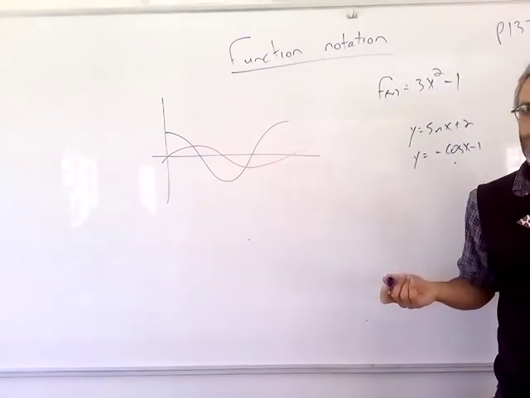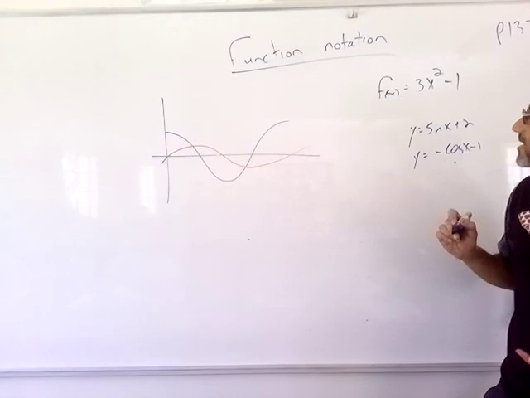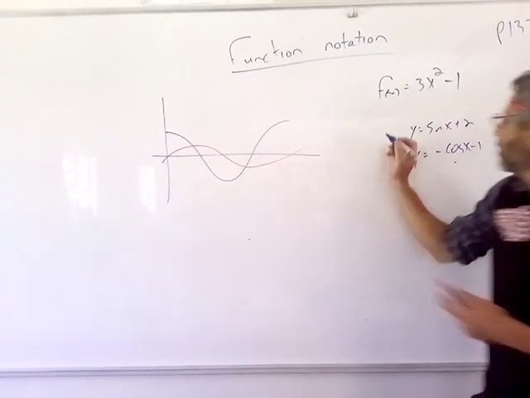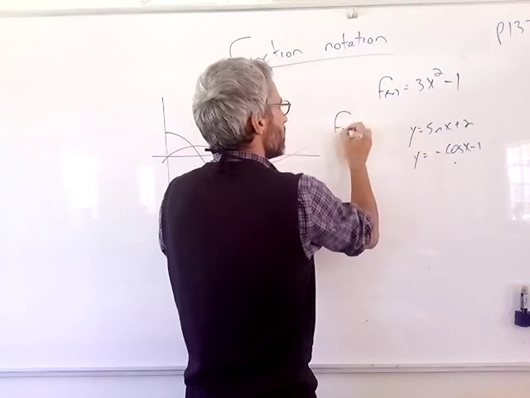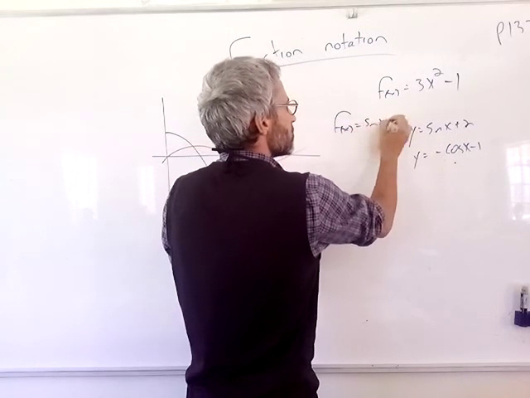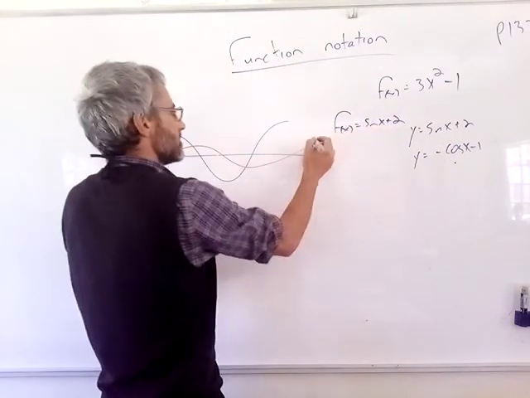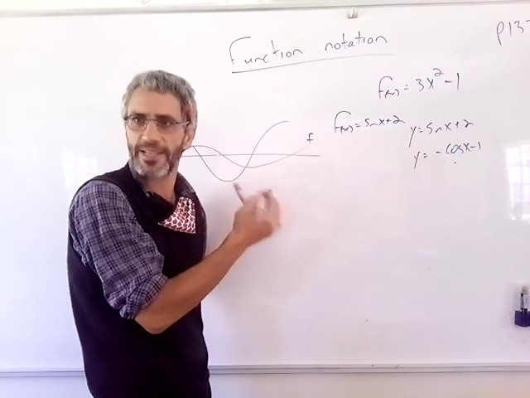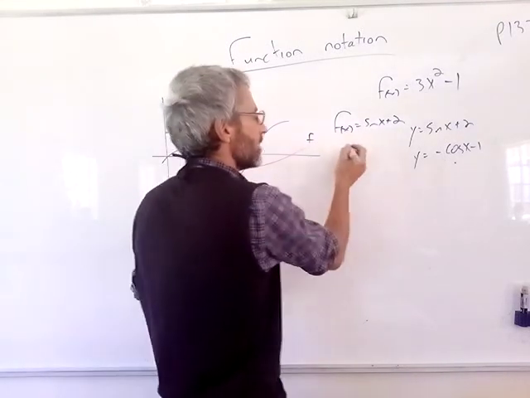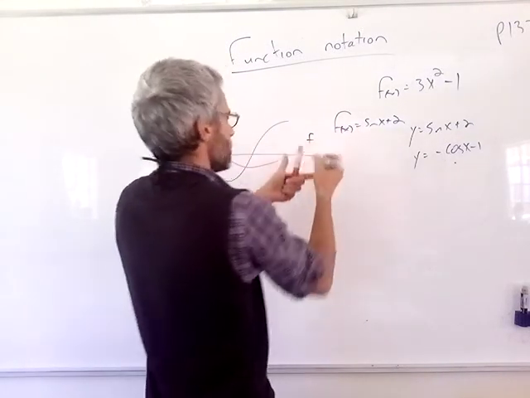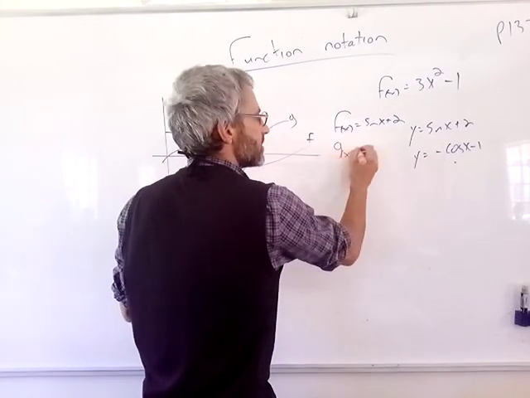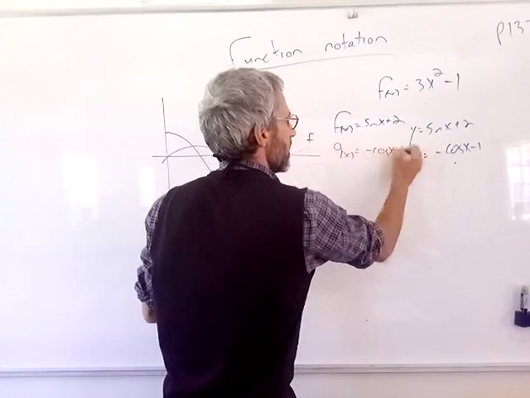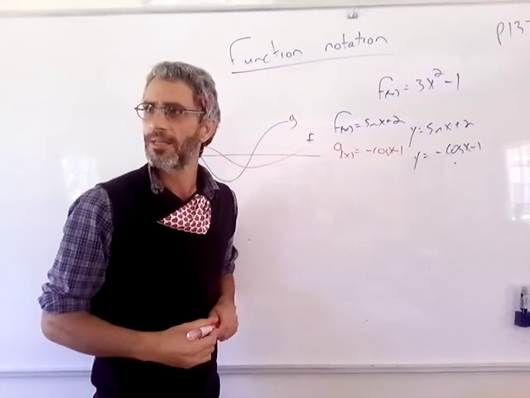You have 2 graphs, so now we're going to write it using this notation. Instead of writing y equals sine x plus 2, we can say f of x equals sine x plus 2. Let's say this is f, and let's call the other one g. Then g of x is equal to minus cosine x minus 1. It's the same thing.